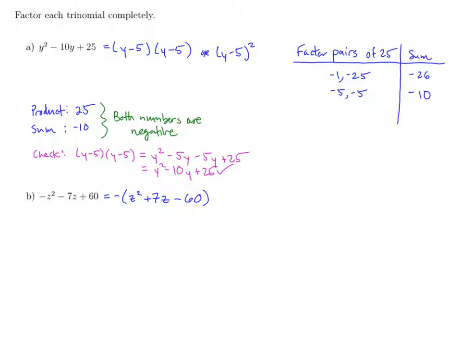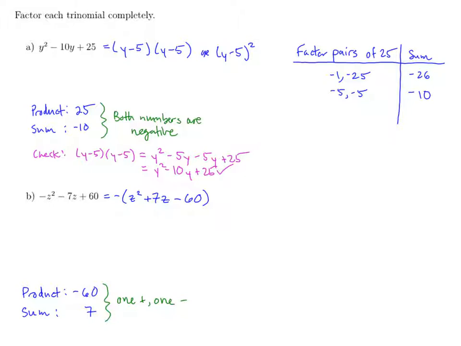So what I'm looking for now is I need two numbers whose product is negative 60 and whose sum is positive 7. So I can see that one will be positive and one will be negative. And I know that because in order to get a negative product, I need the two numbers to have opposite signs.